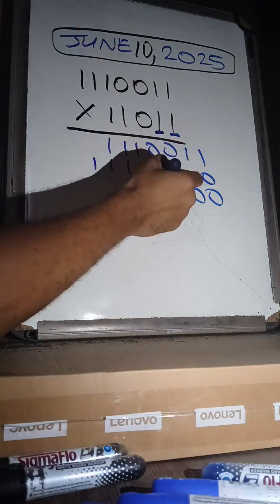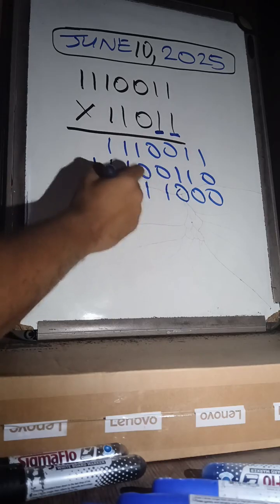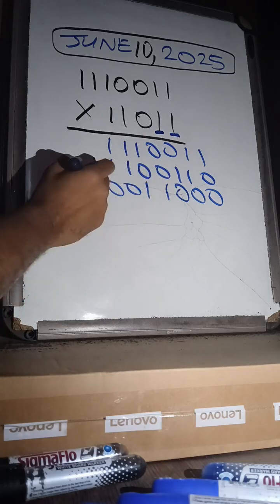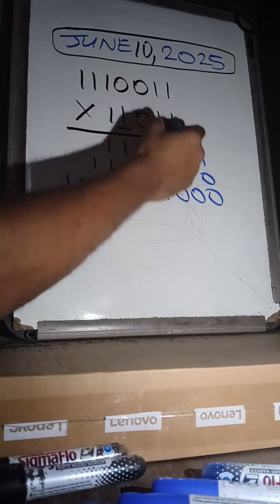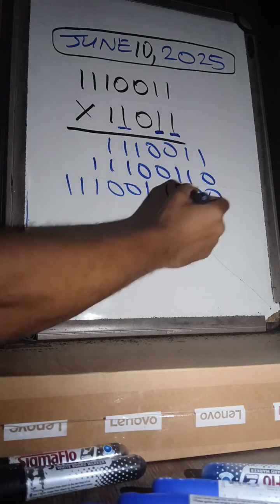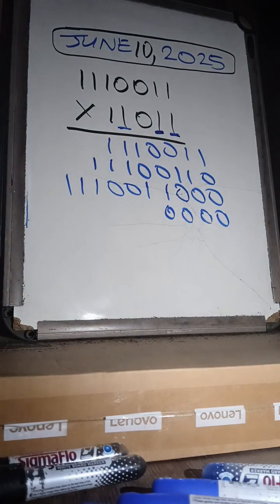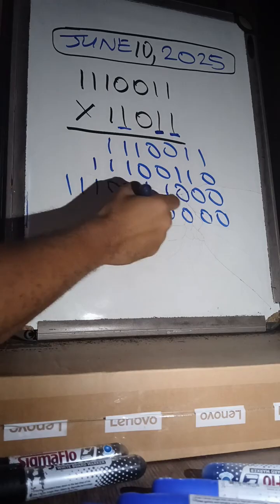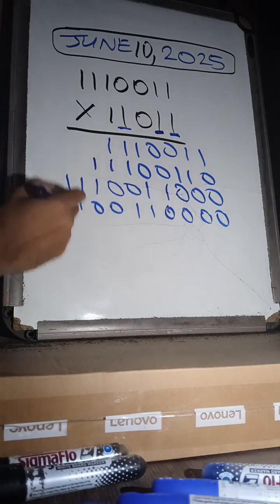Then we go 1 1 0 0 1 1 1, and then now, then what again? Then 1 1 0 0 1 1 1 again.